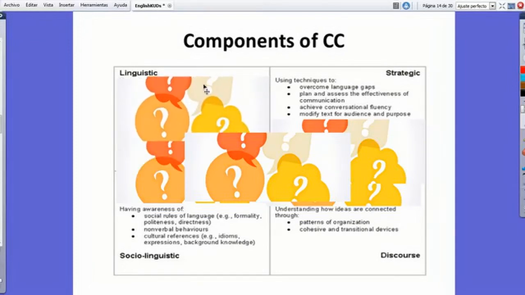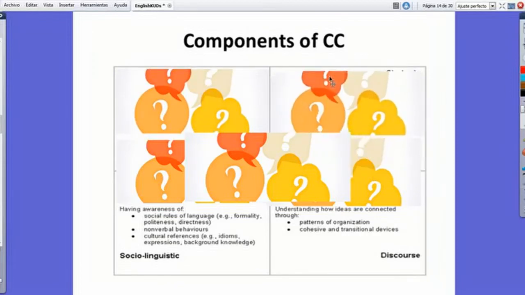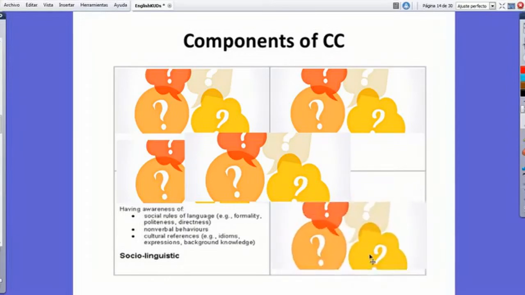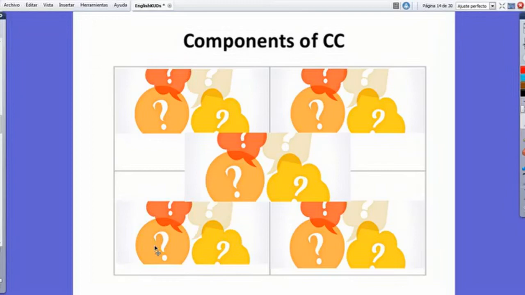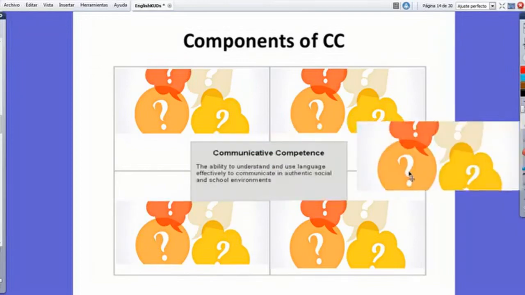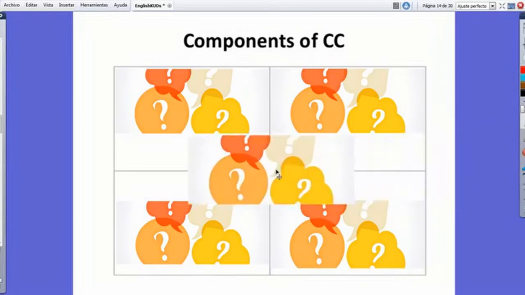So all of these are part of communicative competence, the ability to understand and use language effectively to communicate in authentic social and school environments.